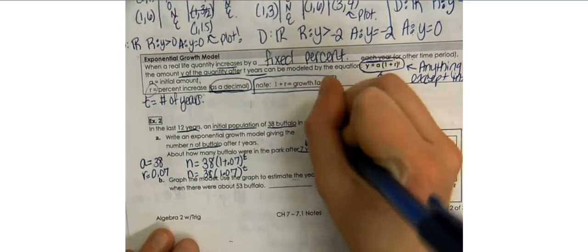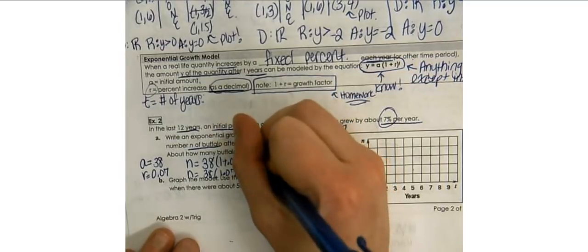So n is equal to 38 times 1.07 raised to the t power. That's our model. Now we want to figure out how many buffalo were in the park after 7 years. So that means we're going to let t equal 7.